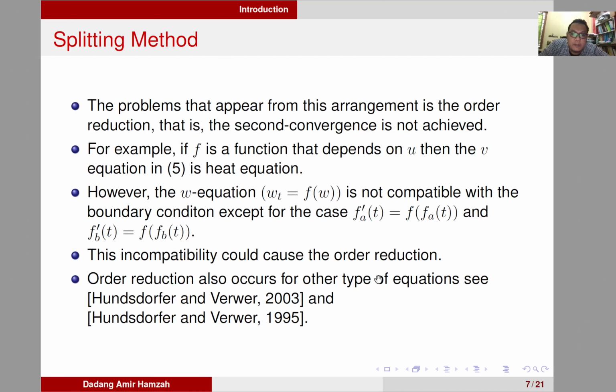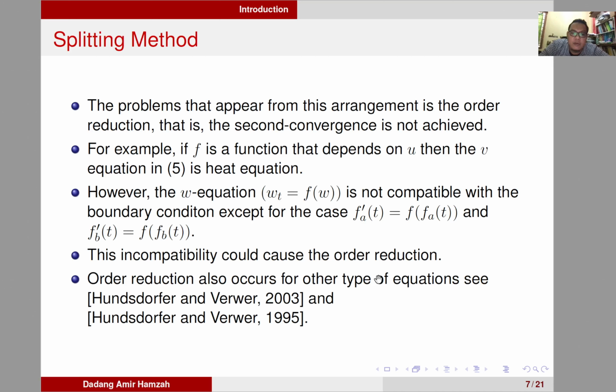The problem that appears from this arrangement is the order reduction. That is, the second order convergence is not achieved. For example, if f is a function that depends on u, then the decomposition V in equation 5 is the heat equation.